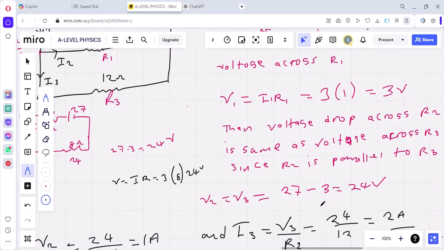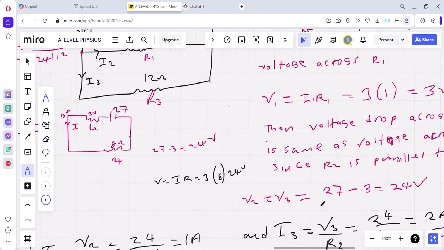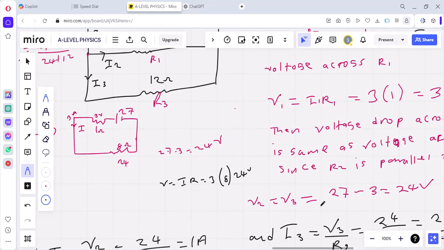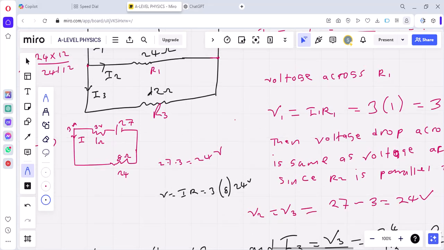Now what will be current 2, since we know the voltage drop? This current here will be voltage over resistor, and the voltage drop here is 24 volts, which we've calculated here, and the resistor there is 24.